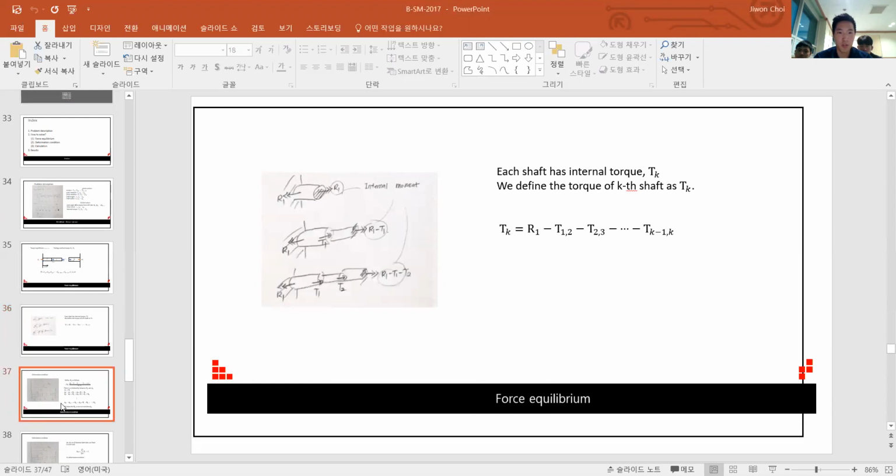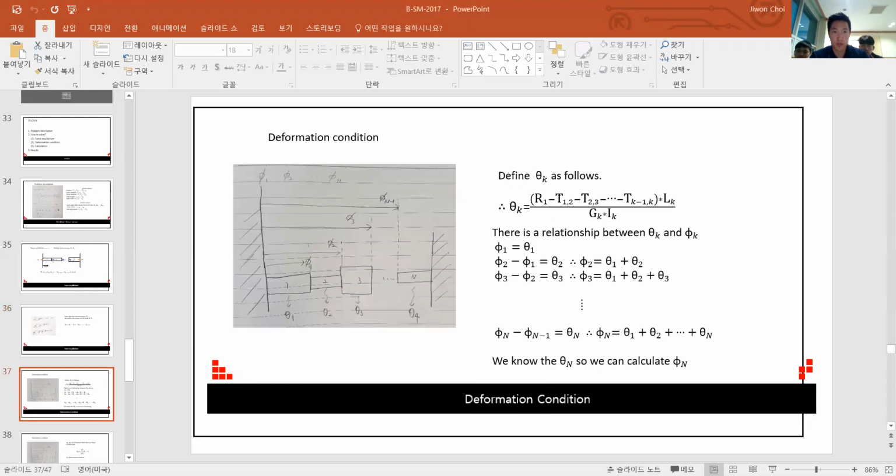And let's move on to the deformation condition. We're going to define theta k as follows. Because phi k is the total angle deformation from the left side, there's a relationship between theta k and phi k as follows.